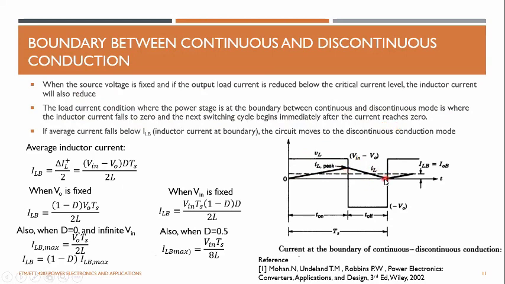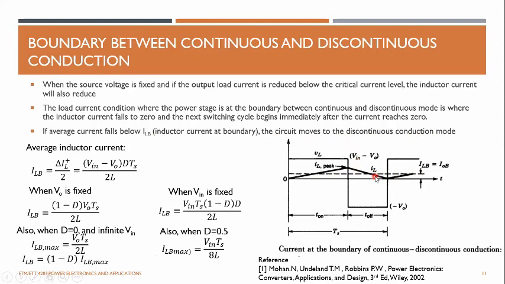That's what it is explaining here. If the average current falls below ILB, the boundary current, the circuit moves to the discontinuous mode. So if the average current of the inductor goes below this, the power supply goes to the discontinuous conduction mode.